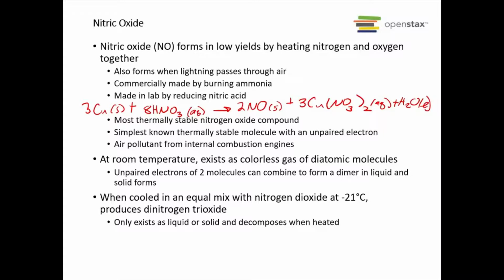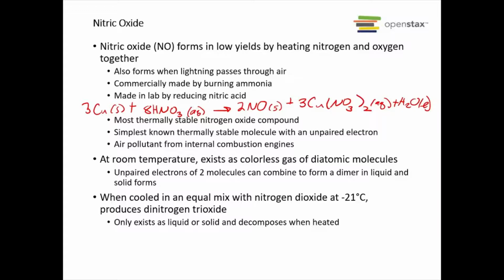One thing that's interesting about NO, it is the most thermally stable nitrogen oxide compound. Despite it also being the simplest known thermally stable molecule with an unpaired electron. So NO is a very interesting compound. It is commonly known as an air pollutant from internal combustion engines.